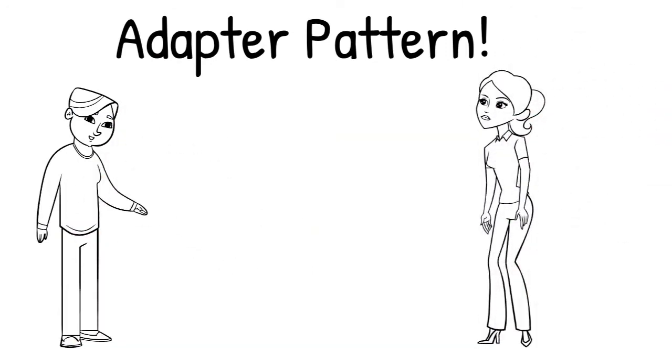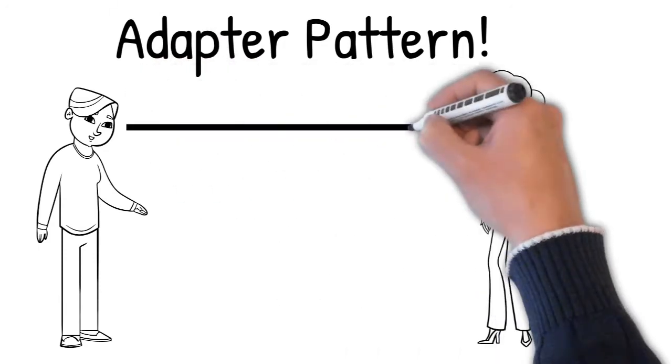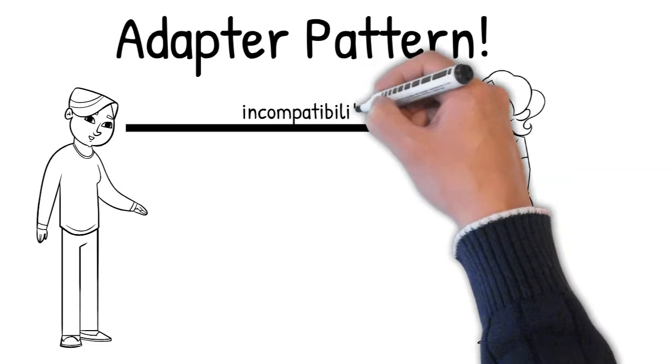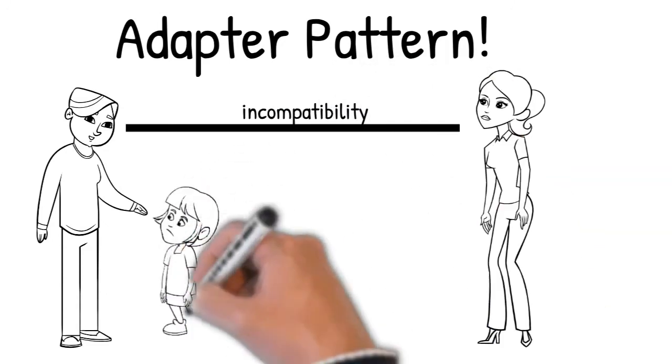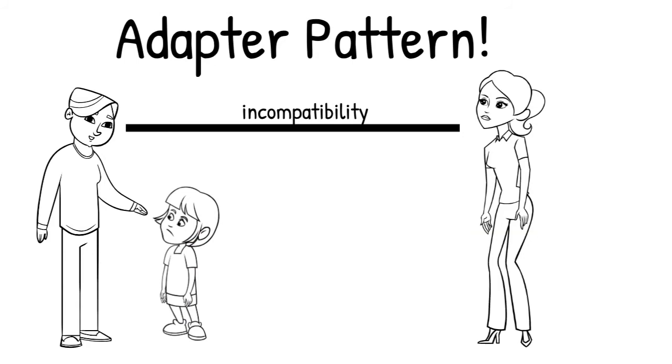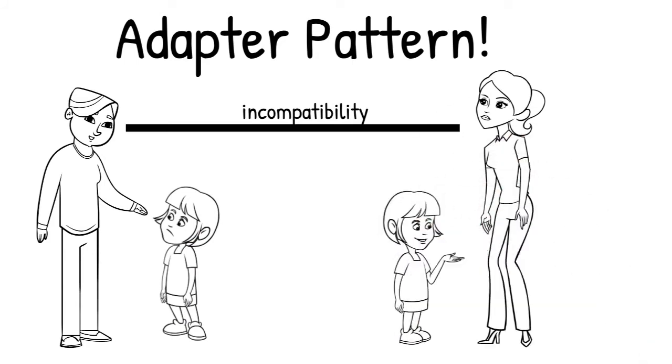Whenever two parties which are incompatible want to collaborate with each other, the adapter pattern will ensure that they are compatible and can communicate by transferring messages from one party to another in the format they are expecting. Simple, isn't it? So let's try to create an adapter now.